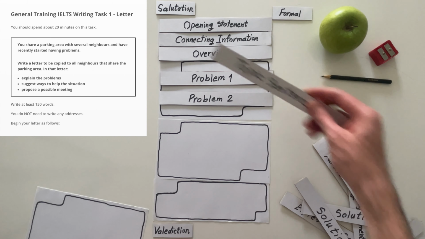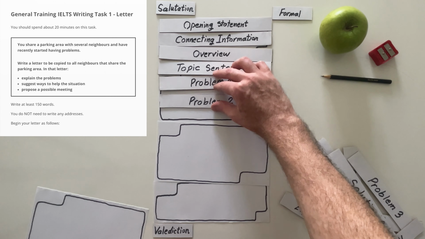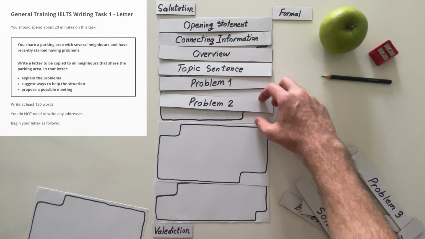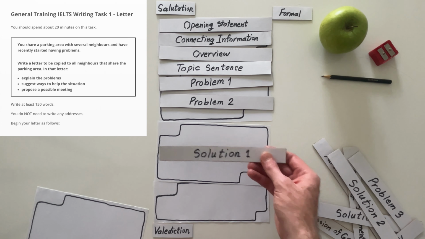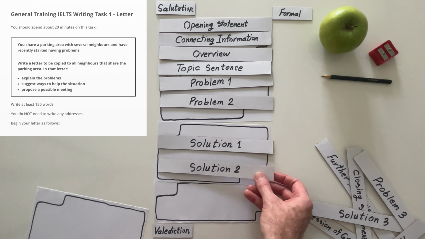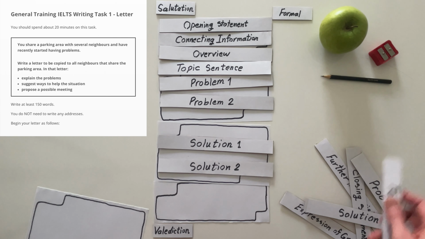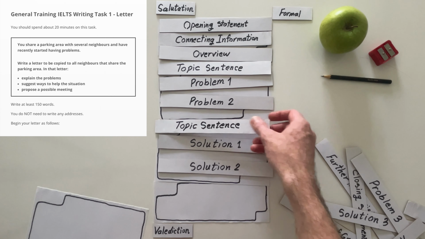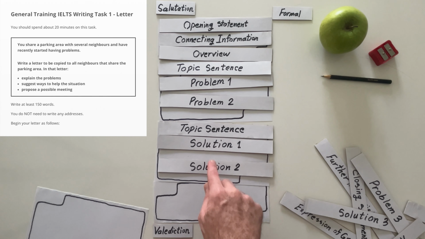And I'm going to have my topic sentence, and I'm just going to say that in this paragraph, I'm going to focus on these two problems. And then I'm going to come up with the possible solutions. For that, you can also say that I would like to mention that there are possible solutions. These are the things that come to my head.